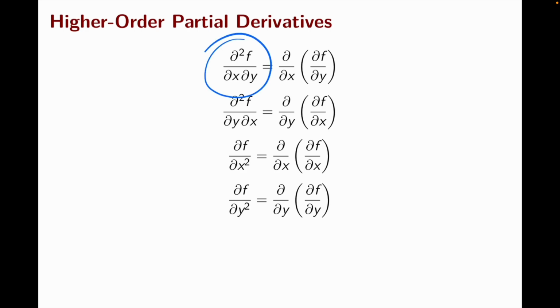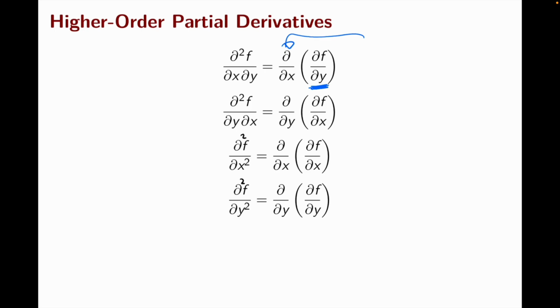This notation, second derivative of f with respect to x and y, is actually, and this is the important part here, this is the definition, the derivative with respect to x of the derivative with respect to y. So meaning that you have to calculate this derivative, and when you are done, that will be a function, then you do the derivative with respect to x of that. And observe the order of the variables here.